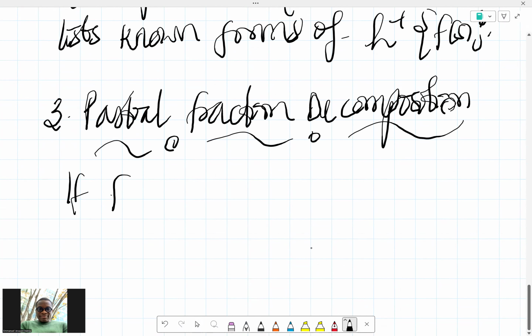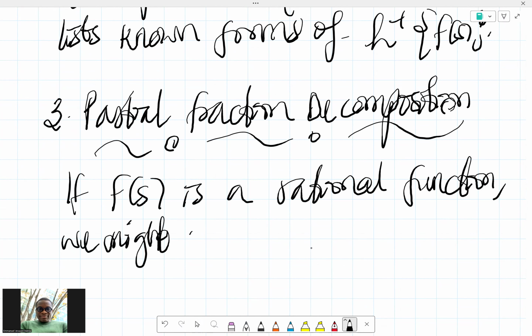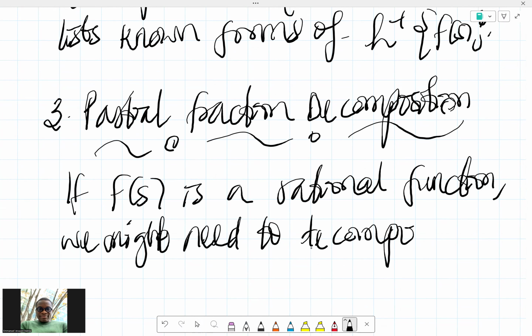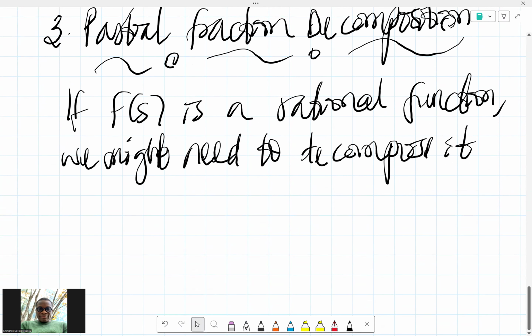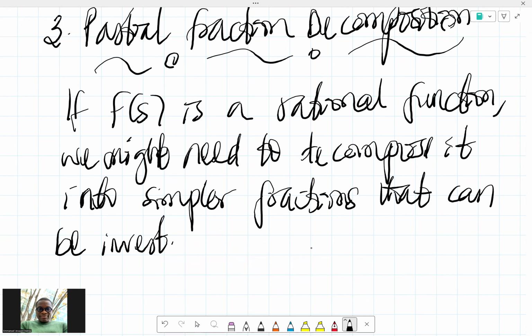So if F of s is a rational function, we might need to decompose it into simpler fractions that can be inverted easily.